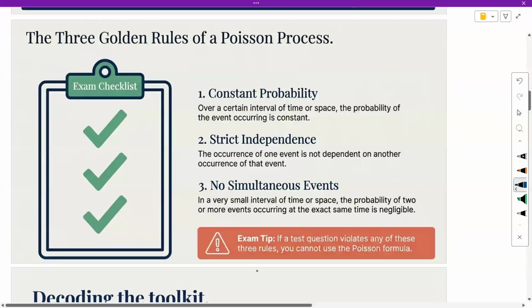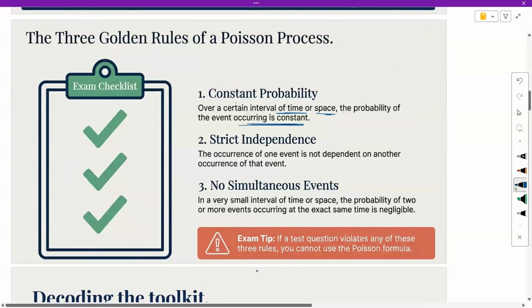The three golden rules of Poisson process. If you want to apply a Poisson distribution for a business scenario, you should have three conditions. This means to apply Poisson process, it should satisfy three criteria. First one, a constant probability. Over a certain interval of time or space, the probability of the event occurring is constant.